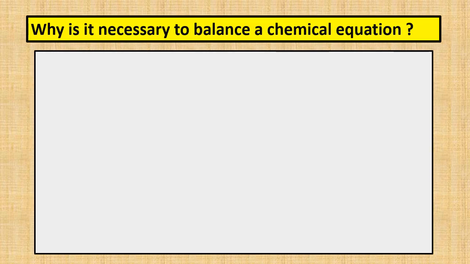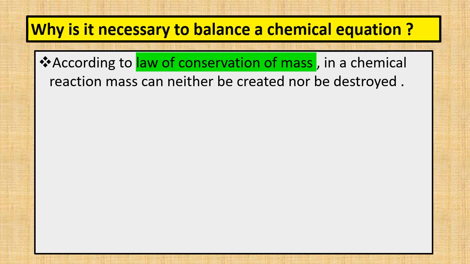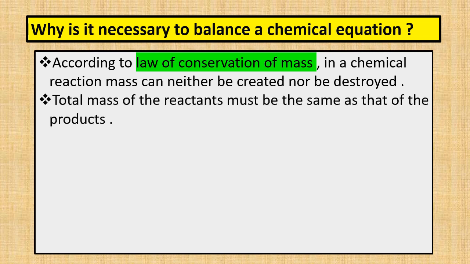Dear students, let us know, why do we need to balance a chemical equation? Why is it necessary? According to the law of conservation of mass, in a chemical reaction, mass can neither be created nor destroyed. That means the total mass of the reactants must be the same as that of the products.